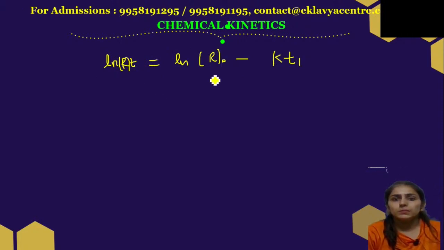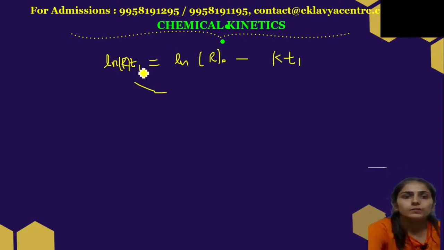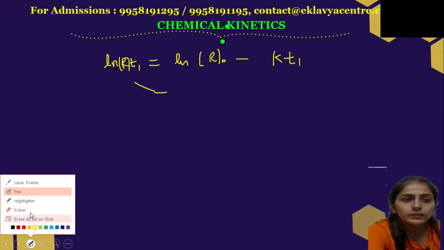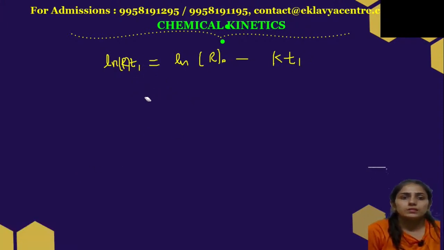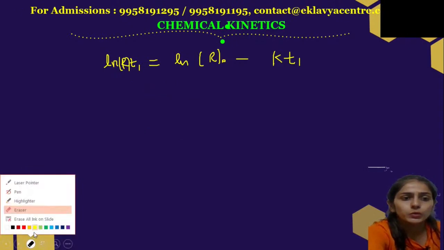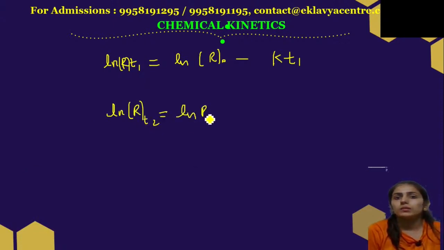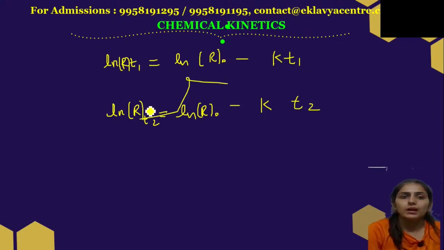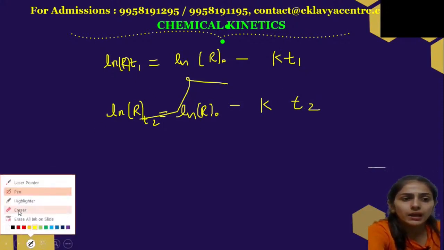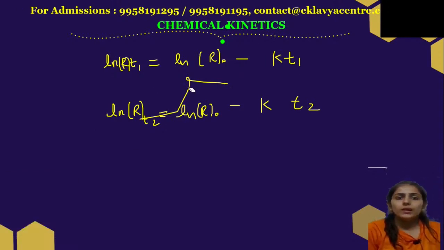Suppose this is at time t1, with Rt1. Now suppose you don't know the initial concentration value, you don't know the R naught value. Suppose you also have ln Rt2 is equal to ln R naught minus Kt2. Now you have been given the values of t1, t2 and the concentration of R at t1 and t2, and they ask you in the exam to find the value of the rate constant.